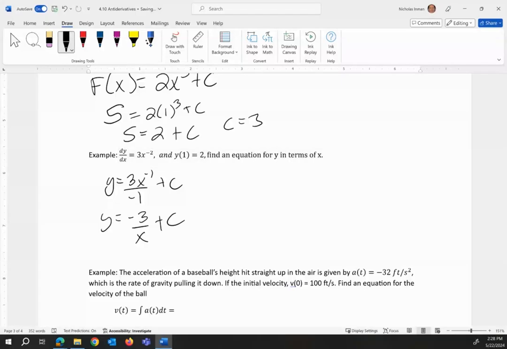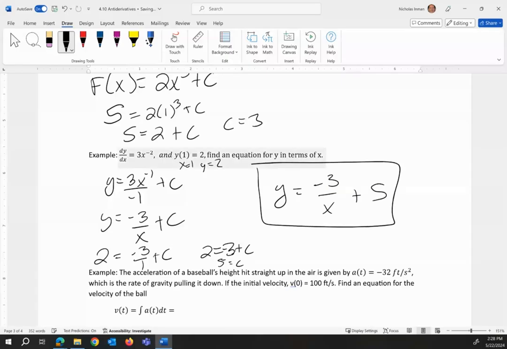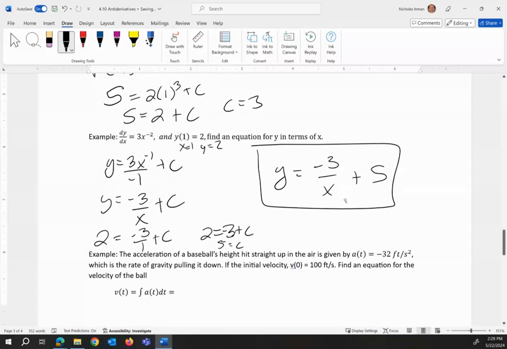Now we know y of 1 equals 2. So when x is 1, y is 2. So add the 3 to the other side means c is 5. Great.